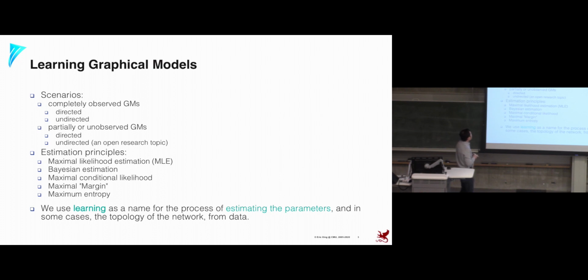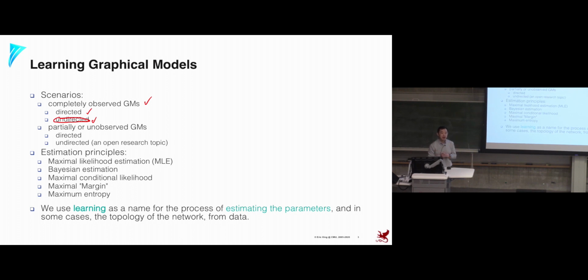And there are a lot of scenarios under the umbrella of learning, and here I name a few. The simplest case is called a completely observed graphical model. Again, there are directed and undirected cases. If you're interested, you can go back to our historical lecture notes and find that even up to now, learning a completely observed undirected graphical model is already more than trivial.